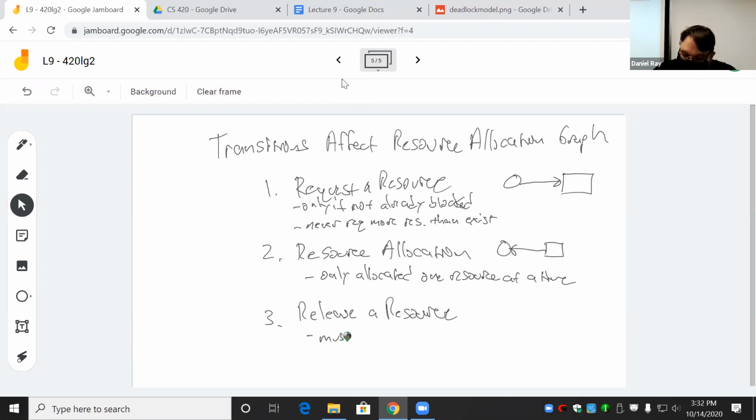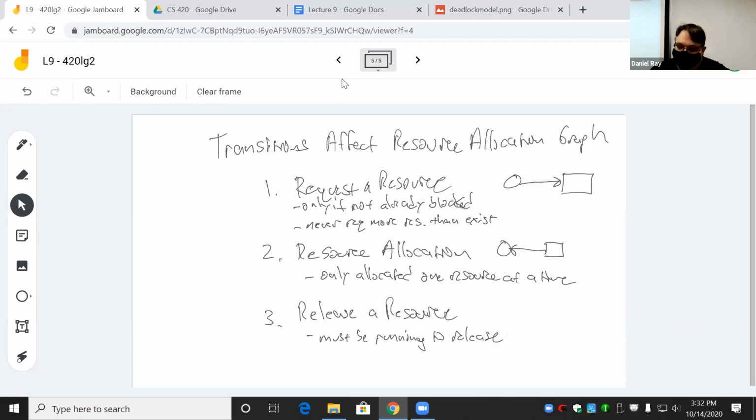I must be running to release a resource. It does not have to be that I release all my resources at once, but certainly when my program finishes, it will release all of its resources at once. But I have to be running in order to release a resource. And if I'm blocked waiting on a resource, then I'm not running, and therefore I cannot release a resource that I already have.